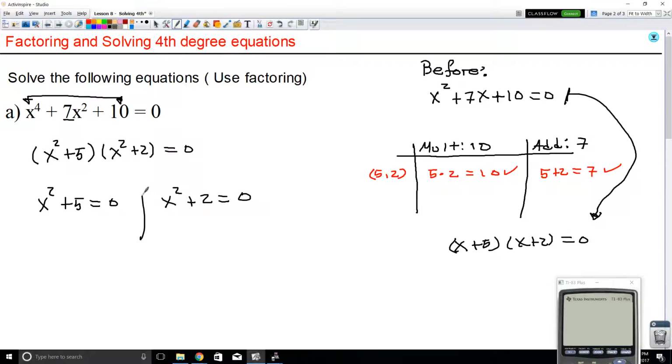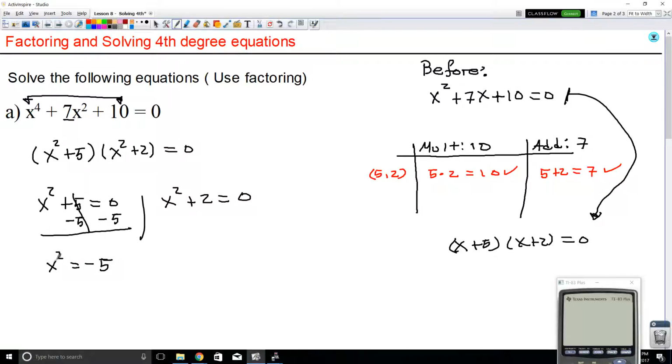Now we're going to solve each individually. This is a little bit tricky because we have x to the second. Still, to solve for x, we first need to isolate x to the second. So let's take away 5 here. Now we have x squared equals negative 5.